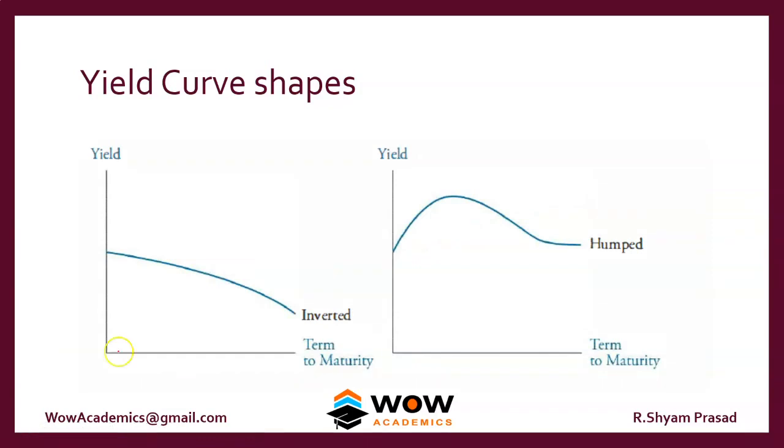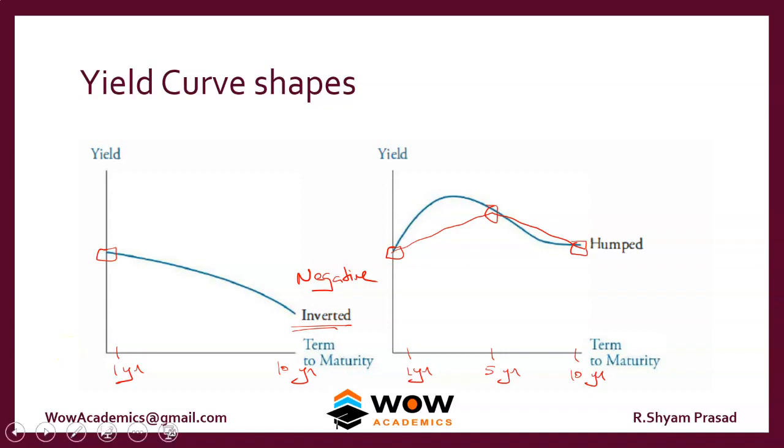In this diagram, the 1 year interest rate for a bond is higher than the 10-year interest rate, and this is called the inverted yield curve, or a negative yield curve. This is another yield curve where the 1 year bond is lower, the 5-year bond is higher, and the 10-year bond is again lower. So in different term structures the yield curve can go up and down. There are different shapes a yield curve can take.